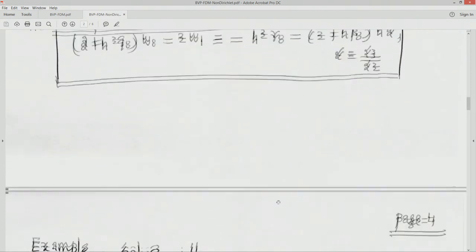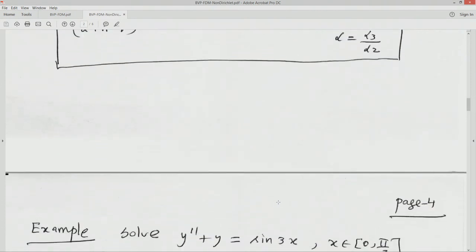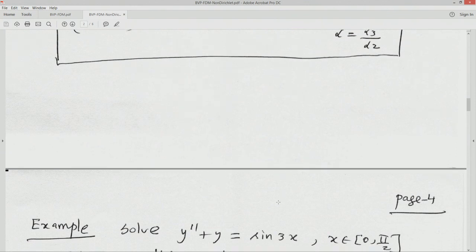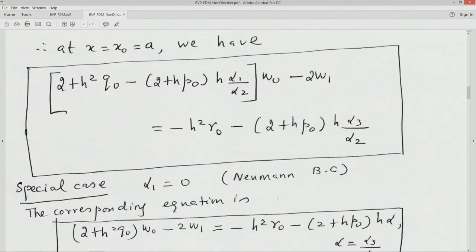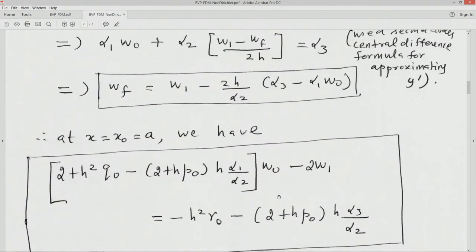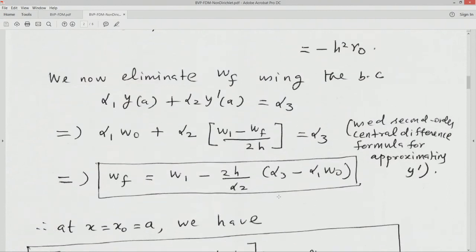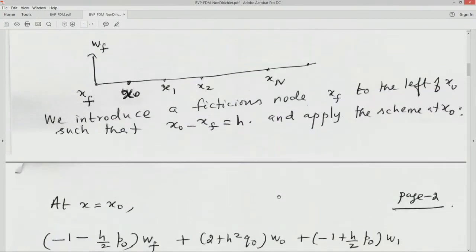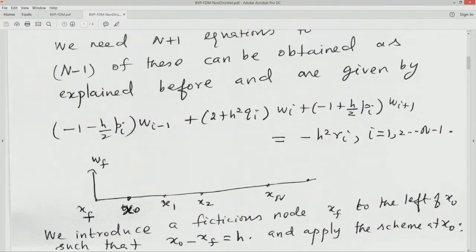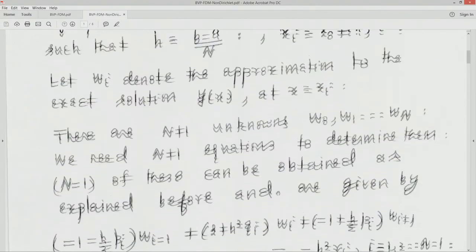And from second to n minus 2 equations are obtained from the differential equation by replacing the derivatives by appropriate finite difference approximations and so on. And what happens when the boundary condition which is specified at the other end point, namely B, is of the Robin type?